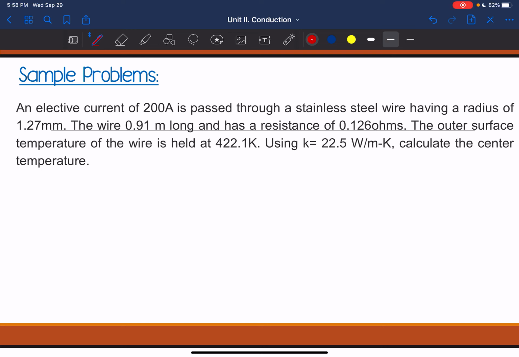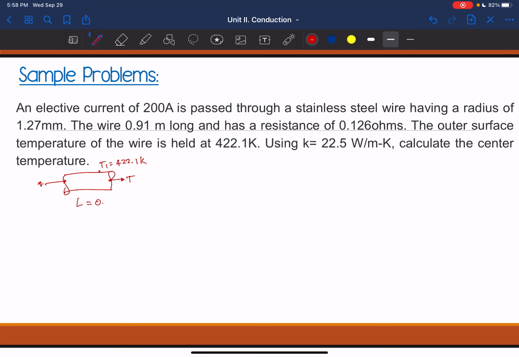Okay. So initially, you have a wire. The temperature at the surface, my T1, is equivalent to 422.1 Kelvin. Now, this is a stainless steel wire with heat generation Q, and you're tasked to find the temperature here at the center. Okay?